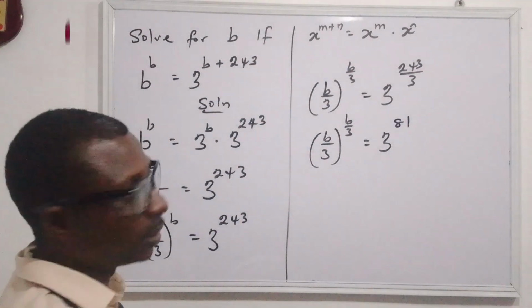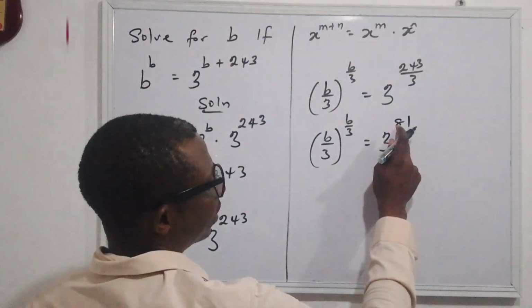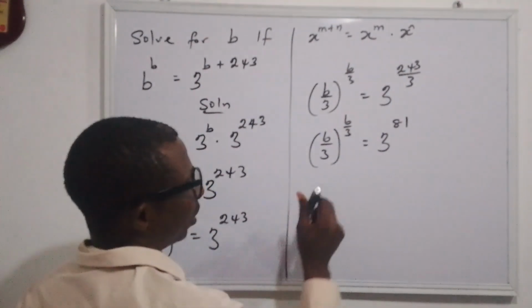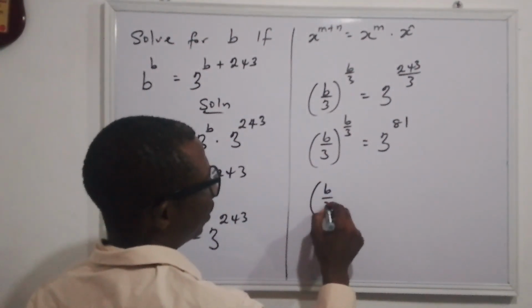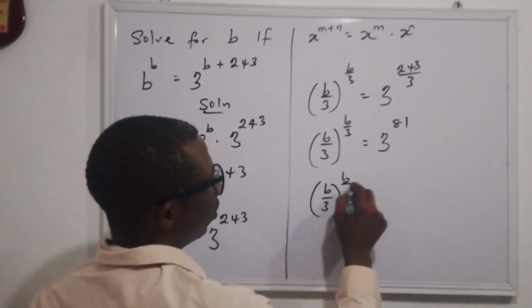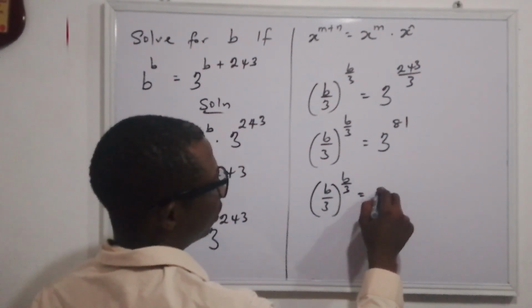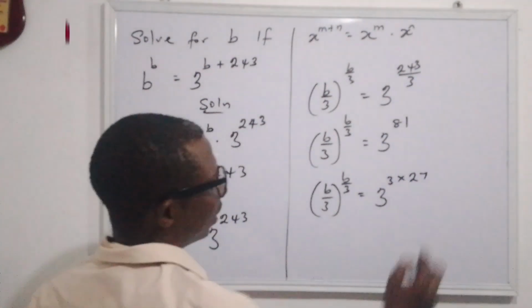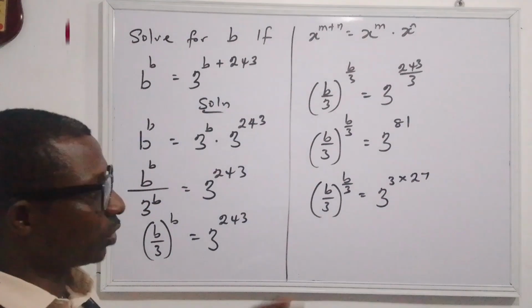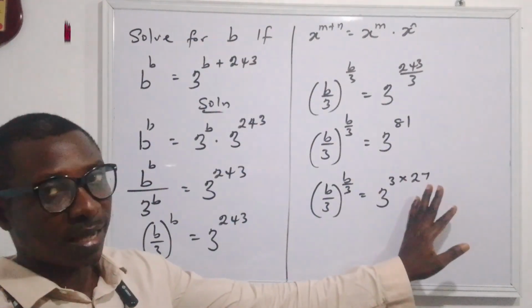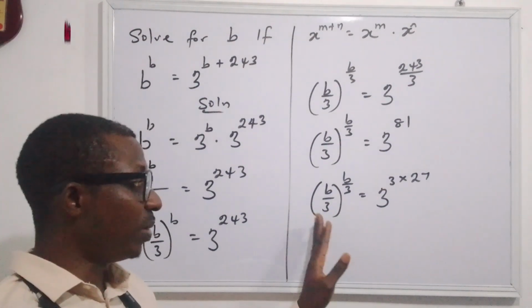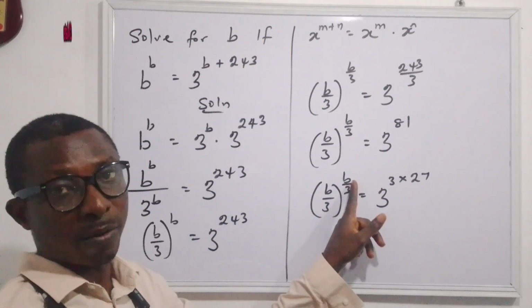All right, so now let's express 81 in another form. So we have b over 3 raised to the power of b over 3 equals 3 raised to the power of 3 times 27. Now my objective is to express this right hand side such that it's going to look like this, that is, the base will also be the power.